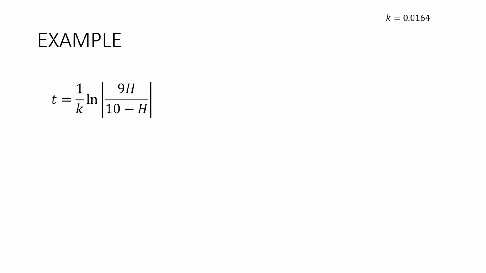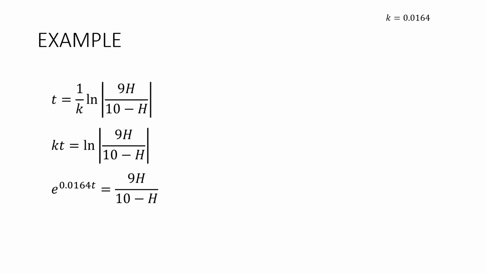Now before we substitute that k in, let's take the k over the other side, and we're going to raise both sides as powers of e. And now I've substituted the k in, you can see that. All right, let's take this 10 minus H up here, because we want to make H the subject.